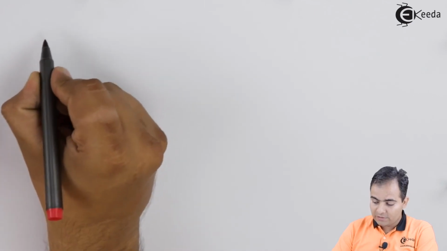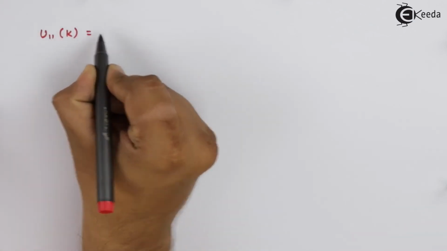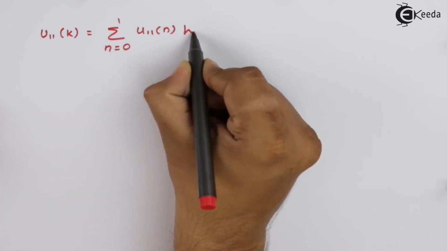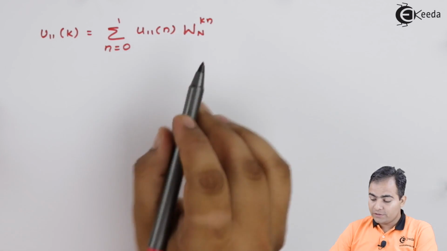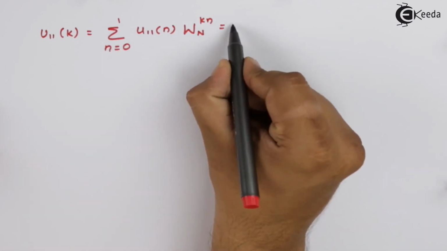So first of all, my U11 of k value: basically we have 2 points, so we can directly use the definition of DFT. As we have 2 points, 0 and 1, this N is replaced by 2.